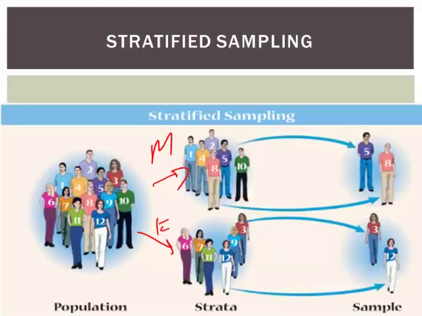Maybe I really want to make sure that when I sample, I get exactly 2 males, 2 females in this case. And then we obtain a simple random sample from each strata, or stratum, I guess. For example, if I were sending out a survey to MTSU students, I might group them in terms of classification or major first, and then sample from those groups.